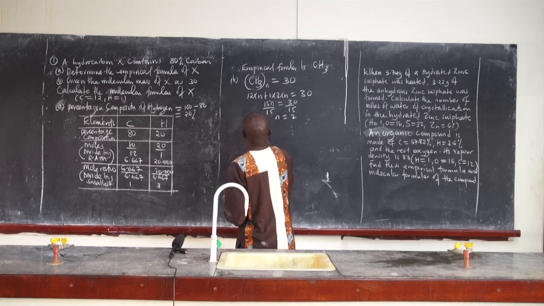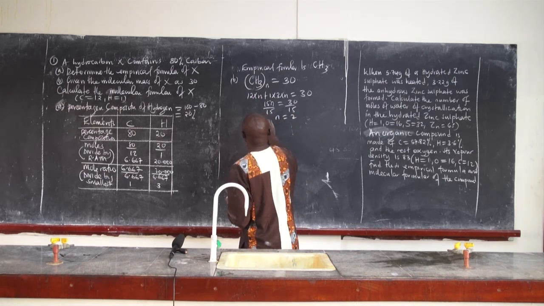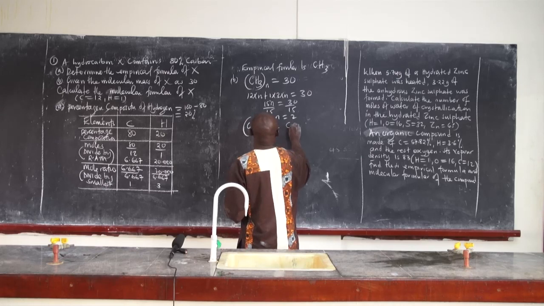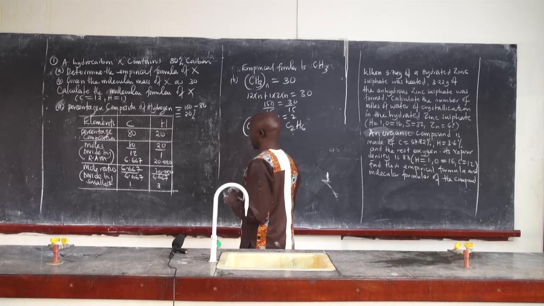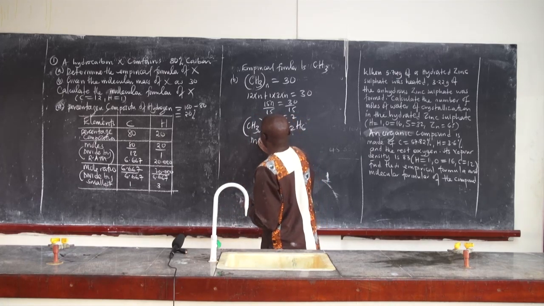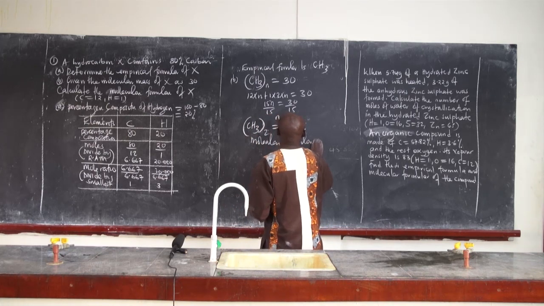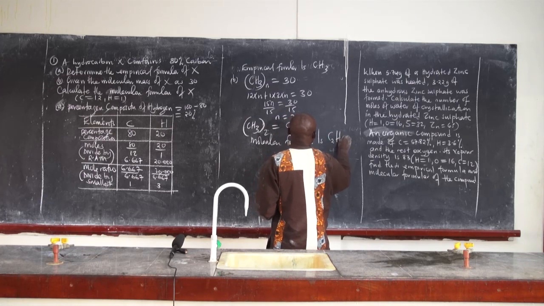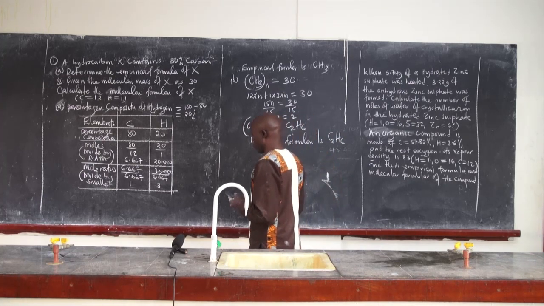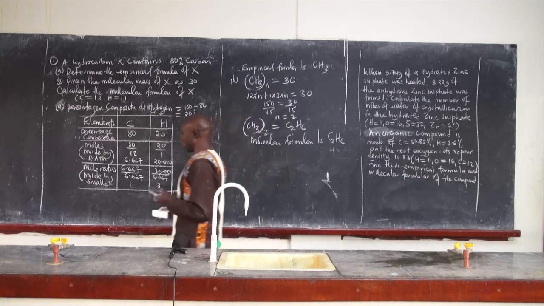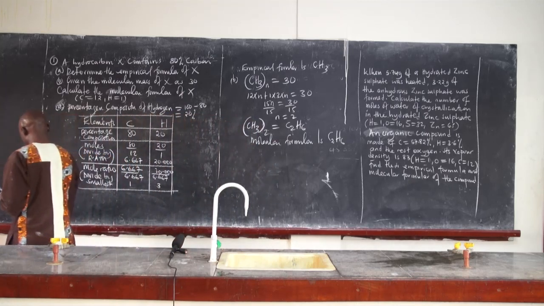So 3 times 2 gives us C2H6. So this is the molecular formula. We conclude here: molecular formula is C2H6.